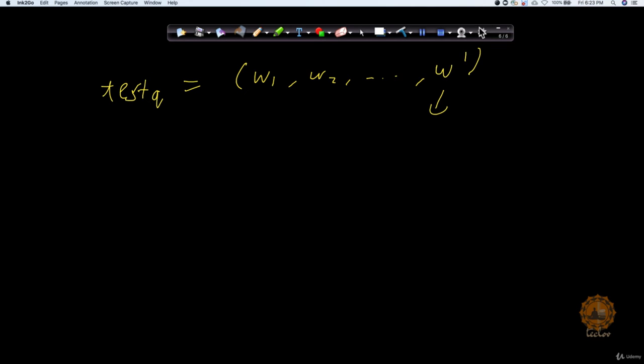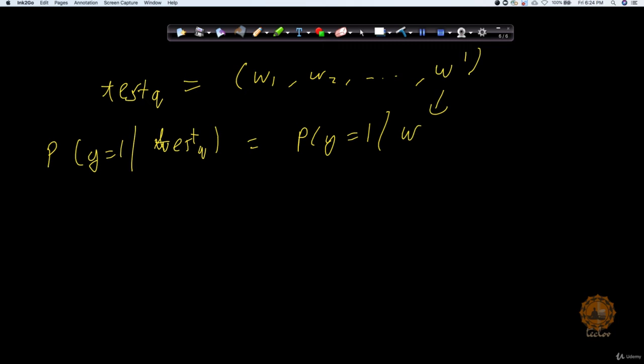So now the problem is, let's say I have to get the probability that y is equal to 1, given that it belongs to my test query. This test query is nothing but w1, w2, till w dash, right?